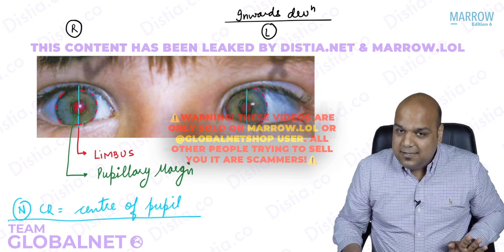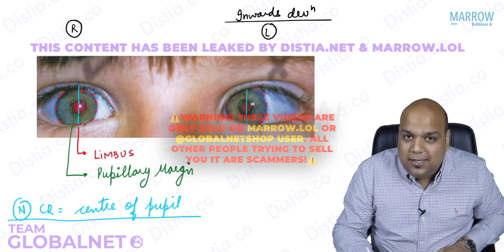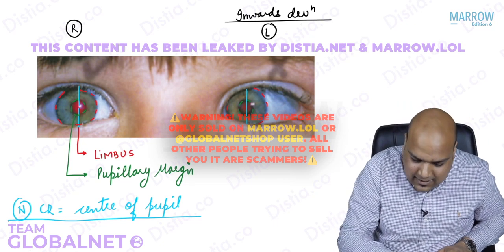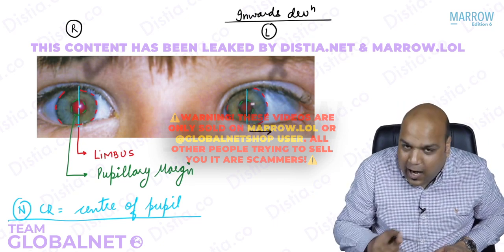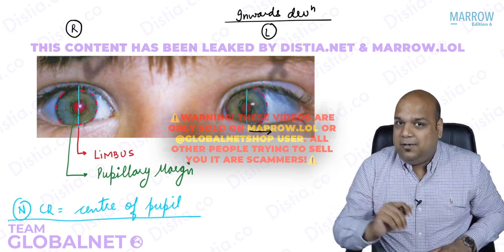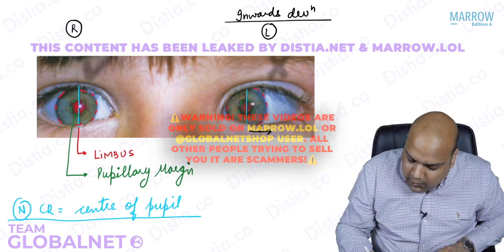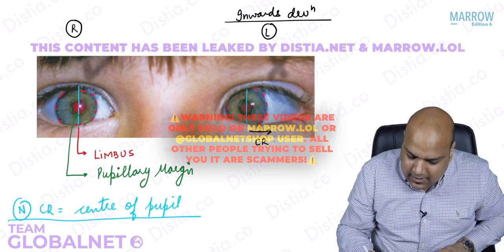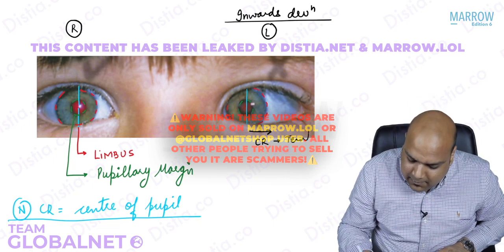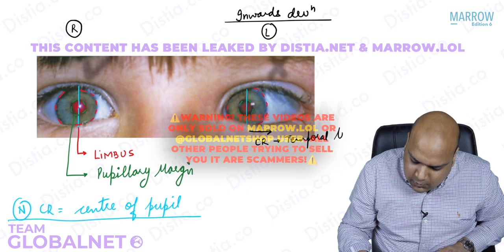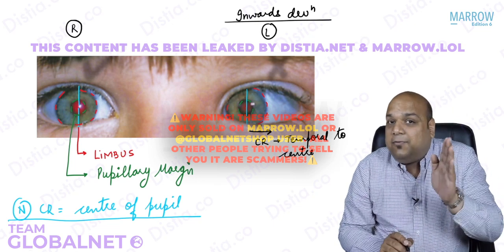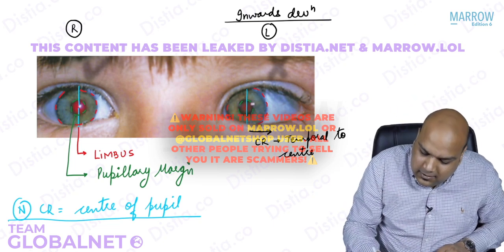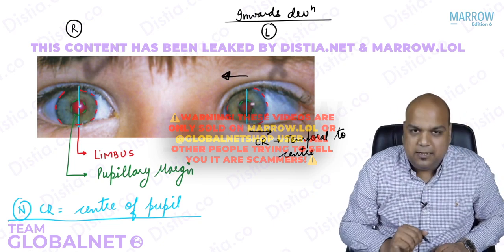Right, guys? Where is it? It is somewhere outside the center of the pupil. Am I clear to everybody? So the corneal reflection is temporal to center. The reflection is outside, but the deviation is inside.